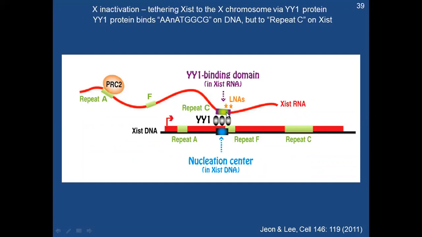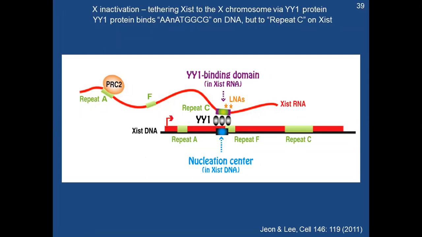So Xist RNA is not allowed to float around in this nucleus. It has to stick to its own DNA by the YY1 protein. And because it also contains polycomb repressive complex 2 protein here, this is going to touch different parts of the X chromosome and thereby initiate inactivation. That was the last slide.